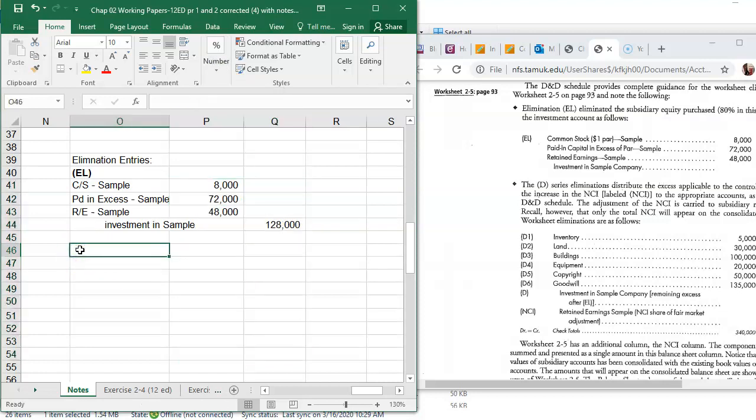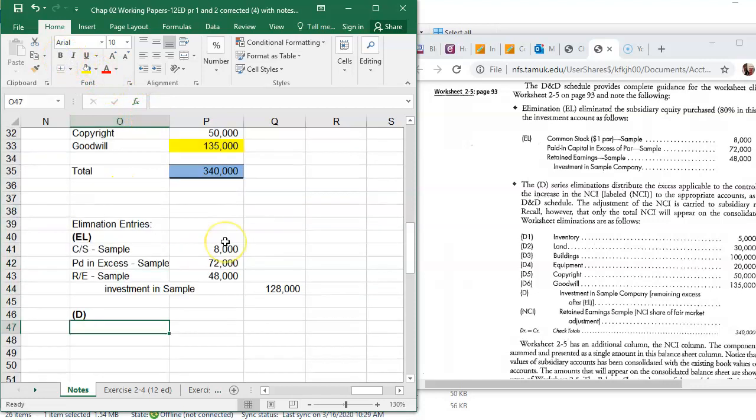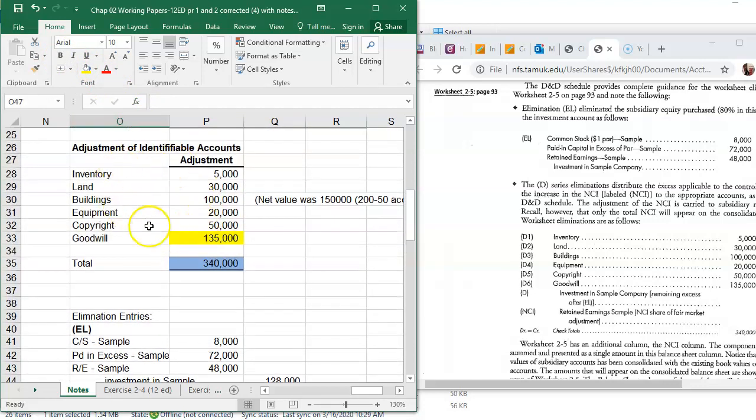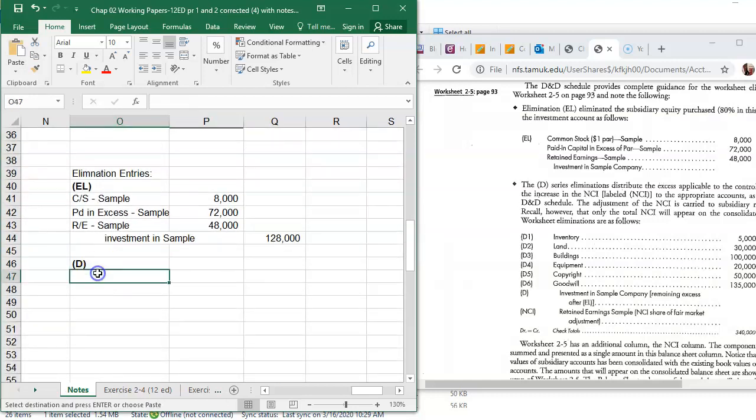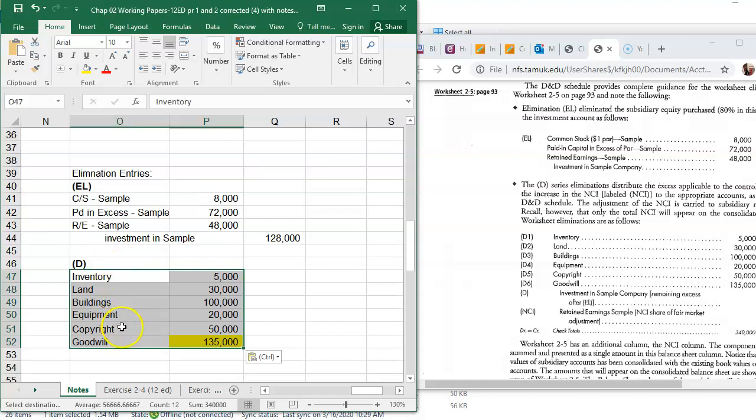The second elimination entry is D, and it's going to adjust the accounts. This is D for distribution. I'm not sure why they call it that. Remember, we need to increase the values of these assets and add goodwill on. So basically, you can just copy this, because you're going to debit all that stuff.